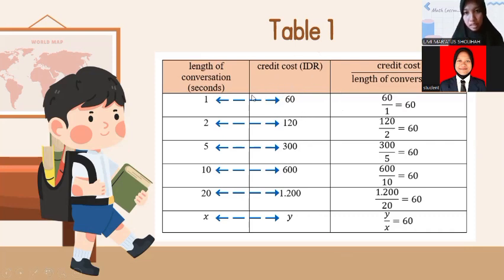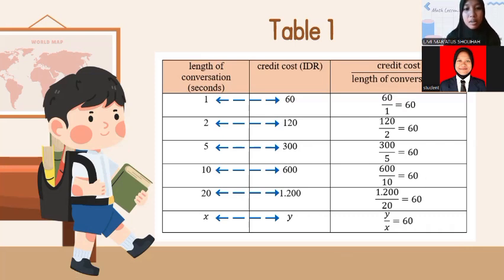So the value comparison is always constant, always 60. Okay, from the first row to the sixth row.